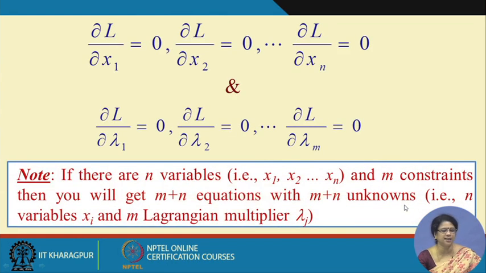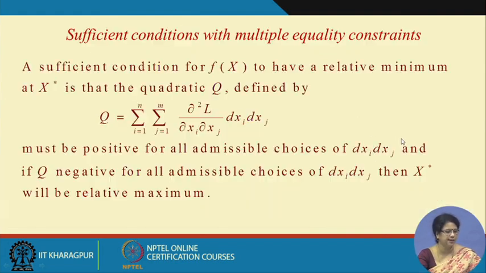Now, we need to check the sufficient condition as well. I need not explain it to you. We have to take the first order partial derivatives of the Lagrange function with respect to the decision variables x1 to xn, and another set with respect to the Lagrange multipliers; m depends on the number of constraints, I told you many times.